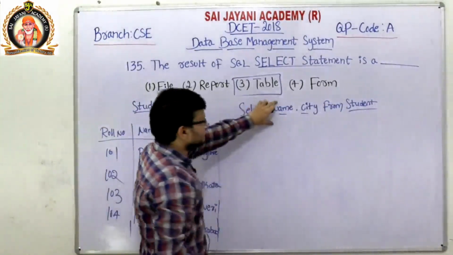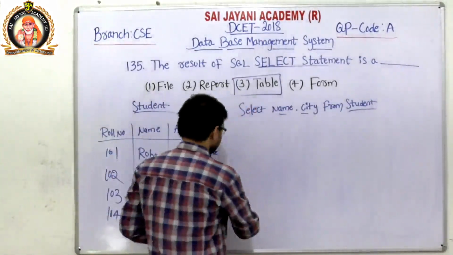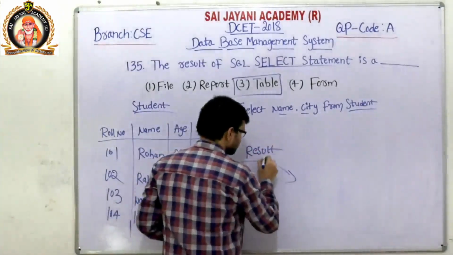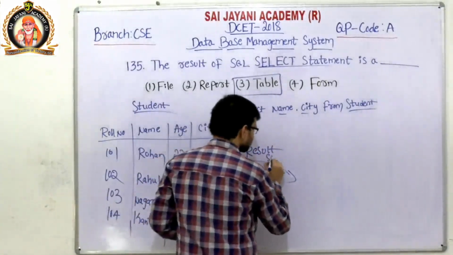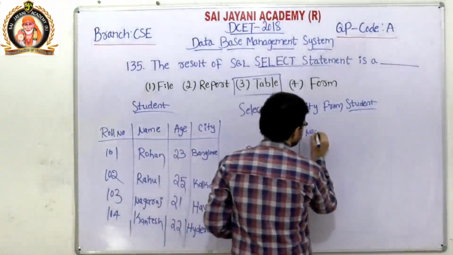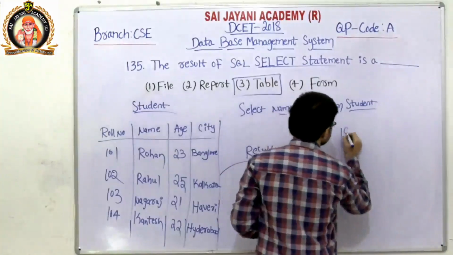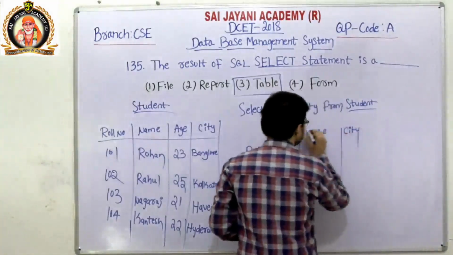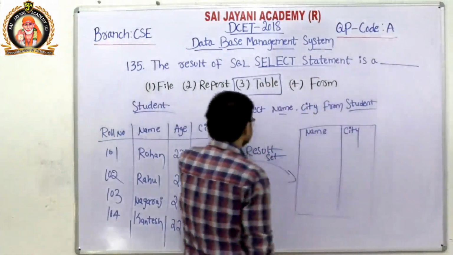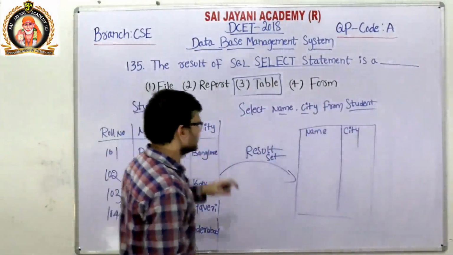When we run this query, the result table or the result set takes only name and city. It retrieves only two columns, name and city.